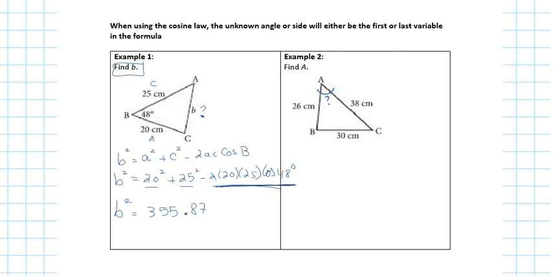So I need to square root the answer in order to find my answer. And side length is to how many decimal places? 1 decimal place. So that's going to be 18.9 centimeters, because I know the other ones are in centimeters.